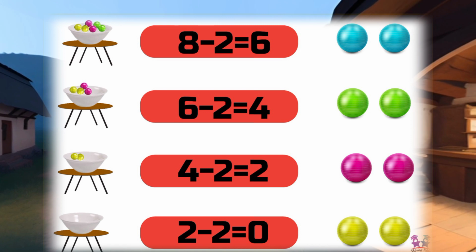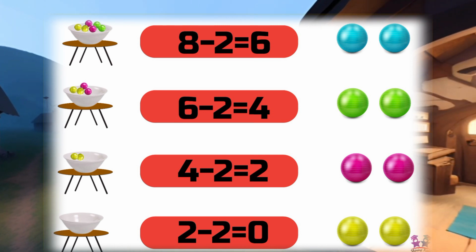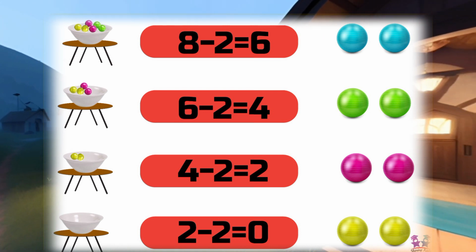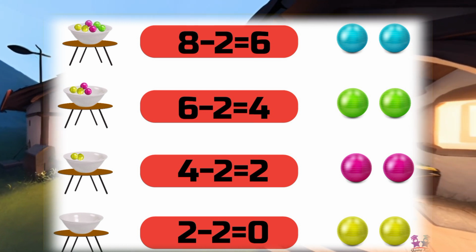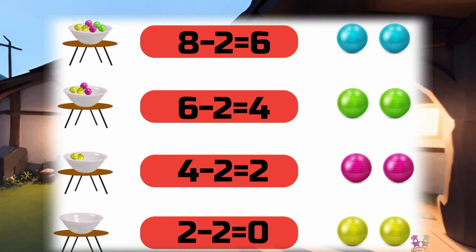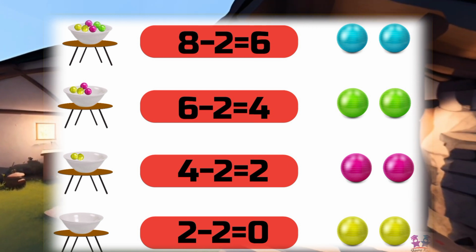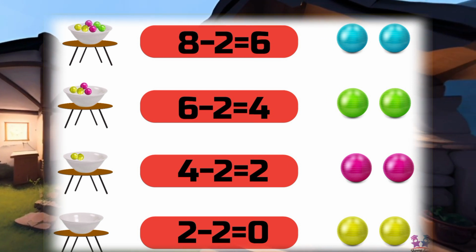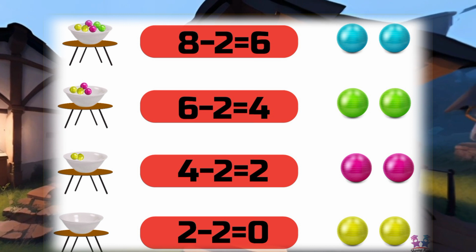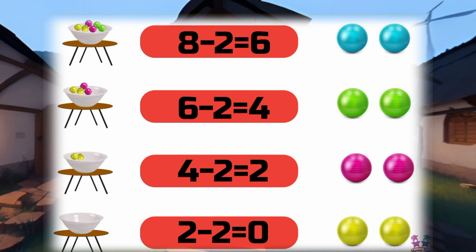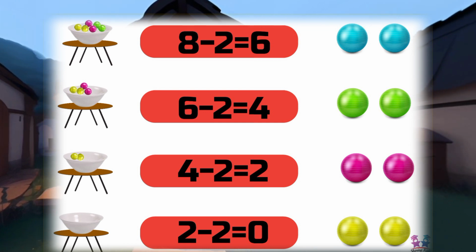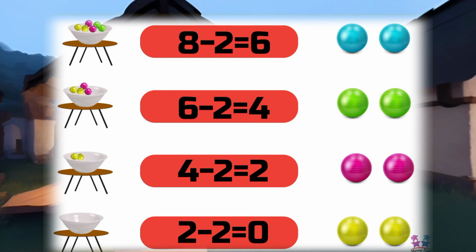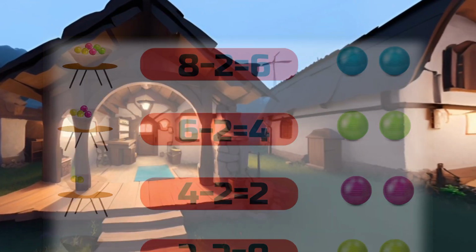Now repeat this process once again. So 2 minus 2 is equal to 0. So now there is no ball in the bowl. By dividing these balls into groups of 2, we get 4 groups. With this example, we understand that division is repeated subtraction.